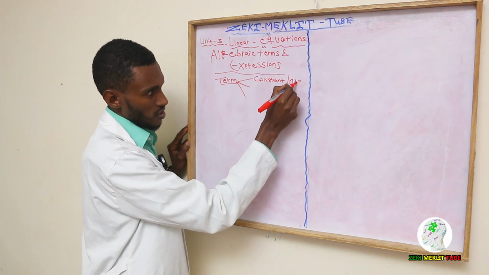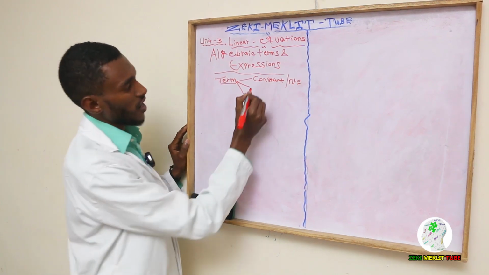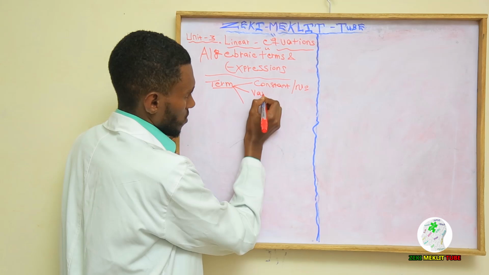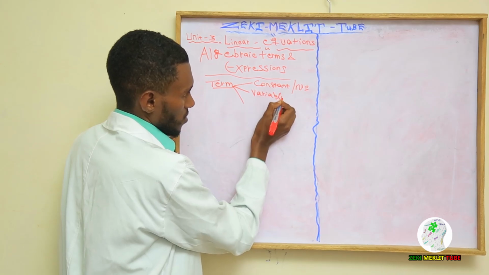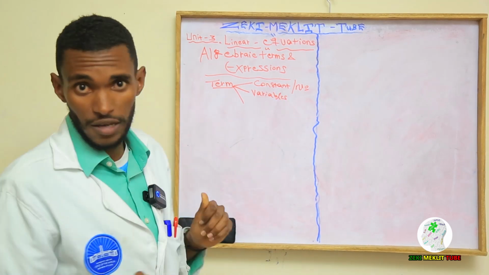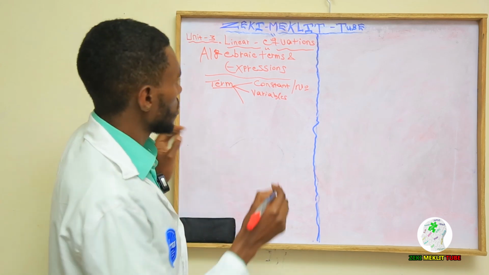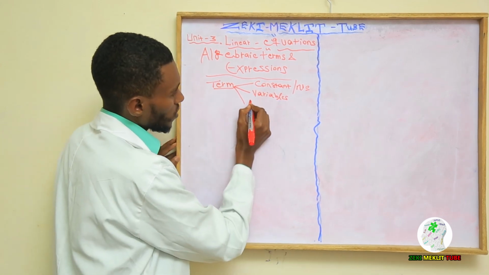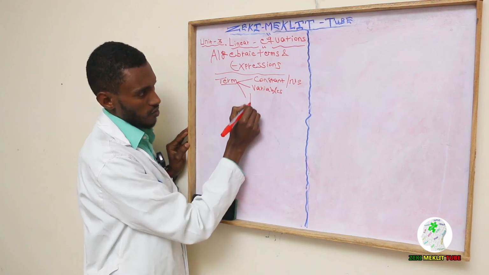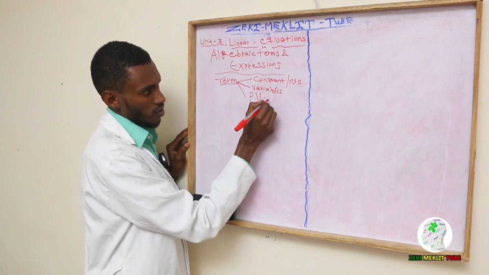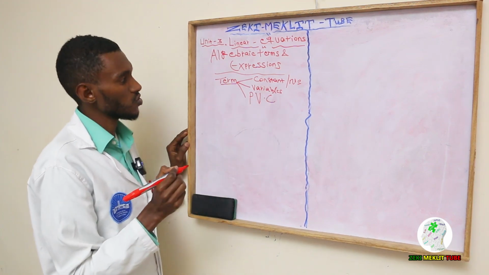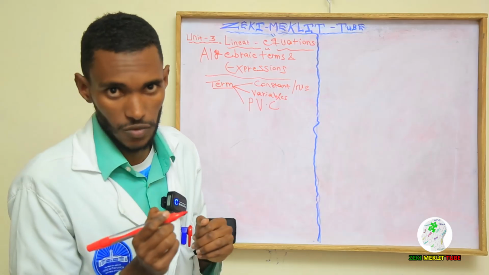And also variables, which means letters or symbols representing an unknown number. And also the product of constant and variables. This is called a term. Okay?